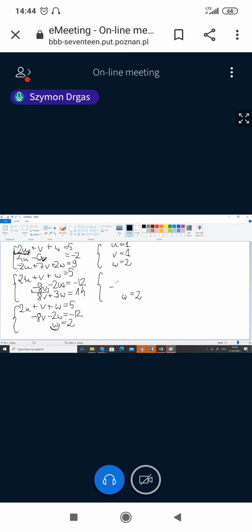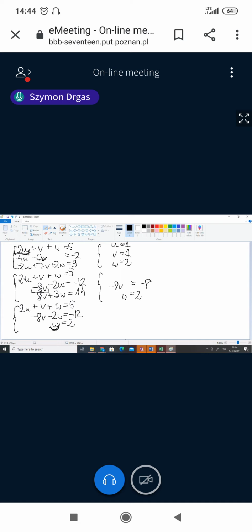So I will obtain -8V plus 0, and then I multiply 2 by 2, which is 4, minus 12 is also -8. Okay, and then I still use the same pivot because I need to remove everything above it.